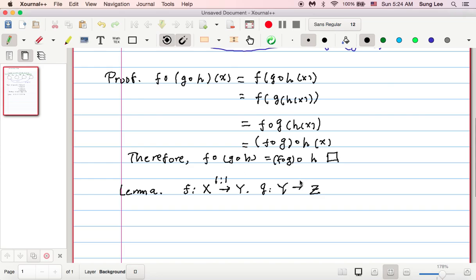So this guy is also one-to-one, and that implies that in that case, the composite function f followed by g, which is going from x to z, is also going to be one-to-one. Okay, so here comes the proof.